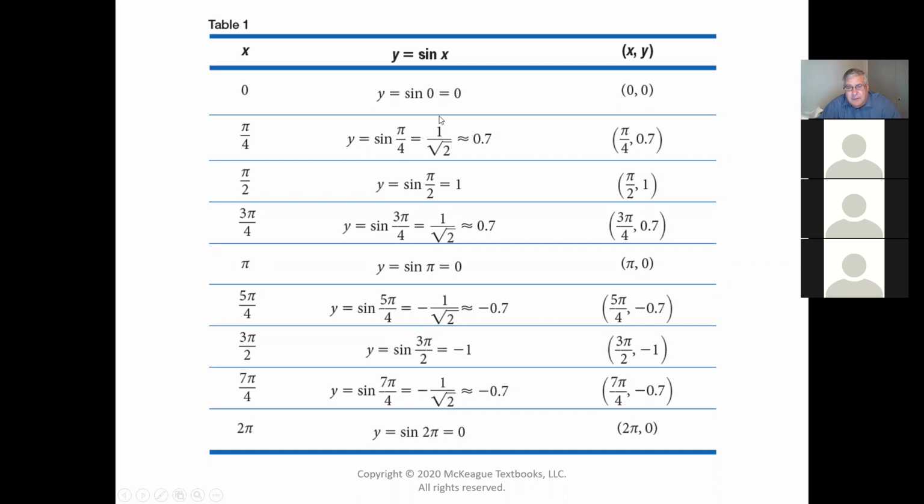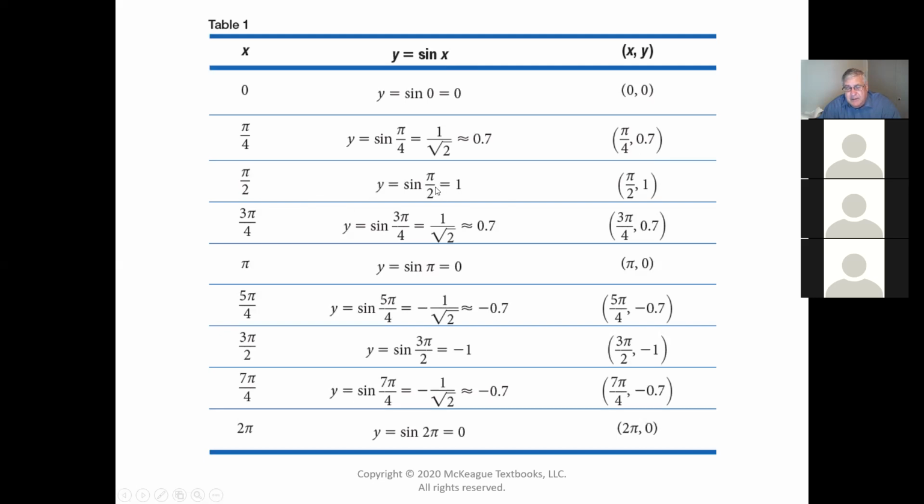Confirm for yourself that the sine of pi 4th radians is the square root of 2 over 2, or 1 over the square root of 2, which is approximately 0.7 as a decimal. Hence, another ordered pair that would lie on the graph of y equals sine x would be pi 4th comma 0.7.